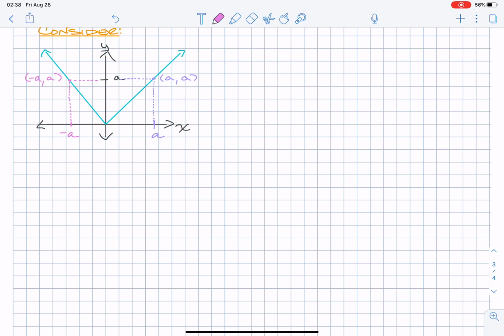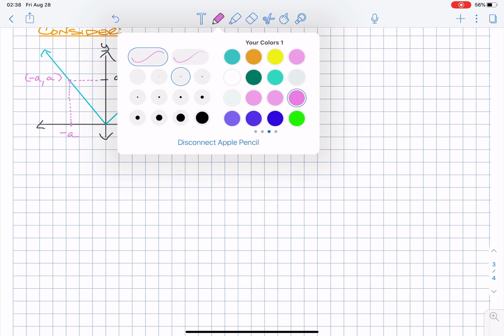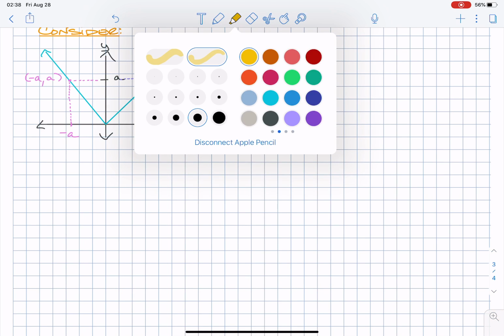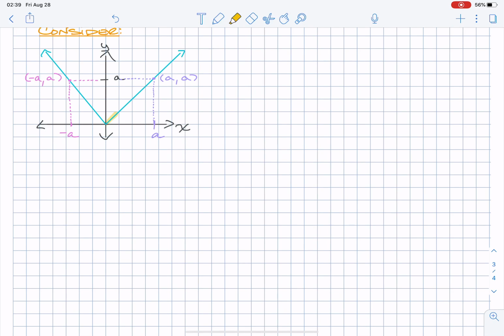Okay, so let's consider, actually maybe I should do that here. Let's consider, make that a bit smaller. Let's see how small that is. Yeah, let's consider this region here and here.